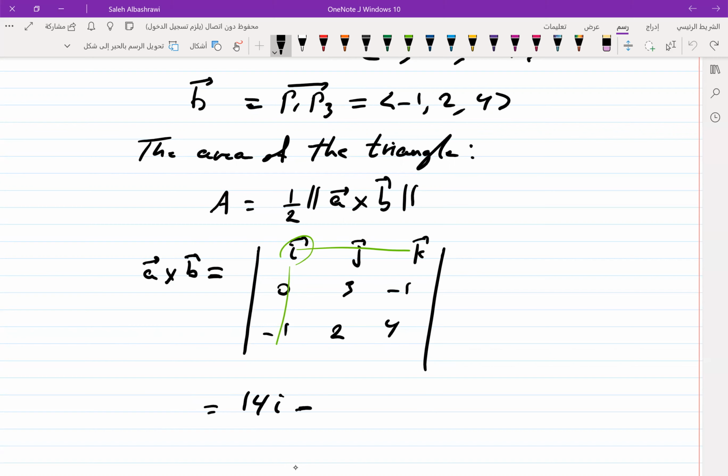Then minus the second component, starting with a negative sign. For j, crossing the second column: 0 times 4 is 0, minus 1 times minus 1 is plus 1, so it is minus j.